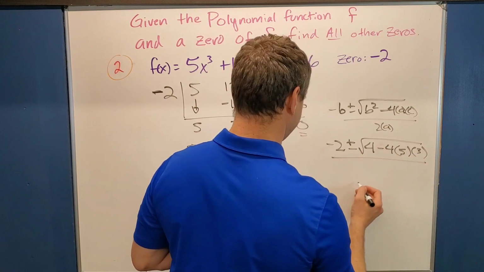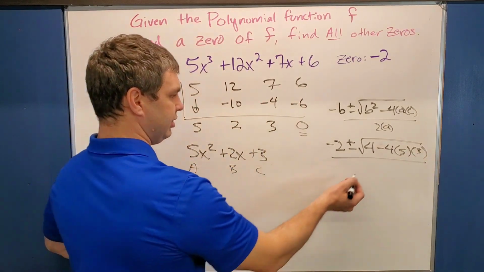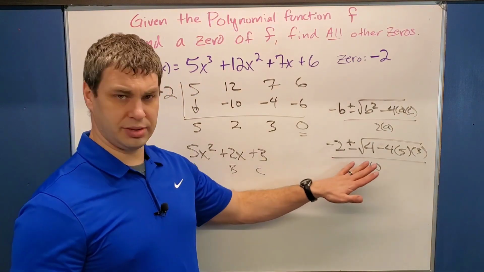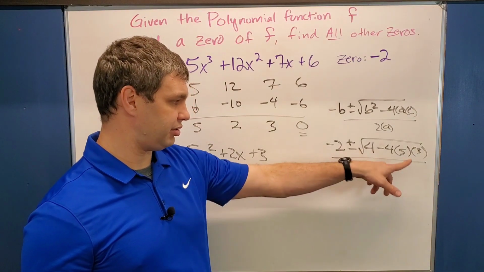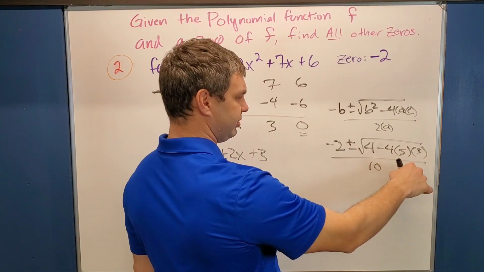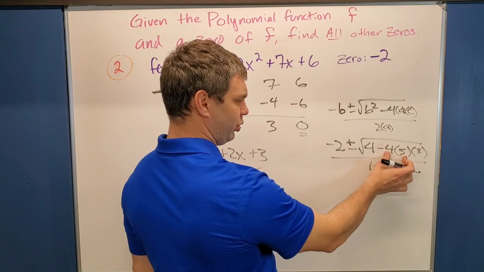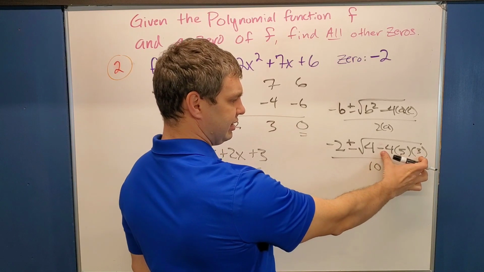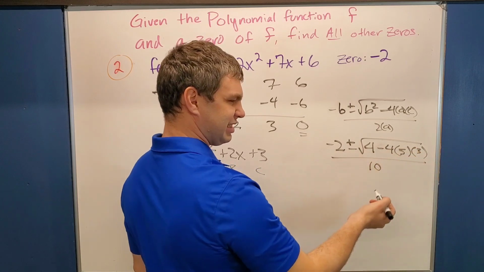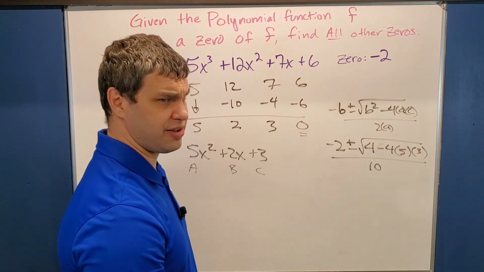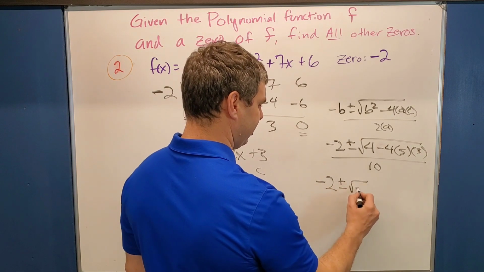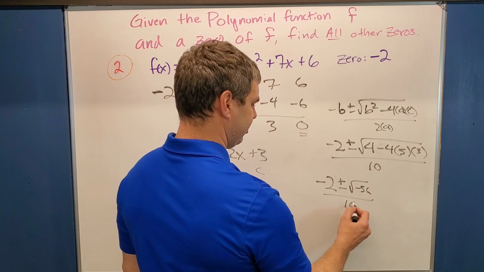This is all divided by 2 times a, which is 10 in this case. Let's do the math in the discriminant, the part underneath the square root. 4 minus 4 times 5 times 3. 4 times 5 is 20. 20 times 3 is 60. And 4 minus 60 is -56. So we have -2 plus or minus the square root of -56, over 10.